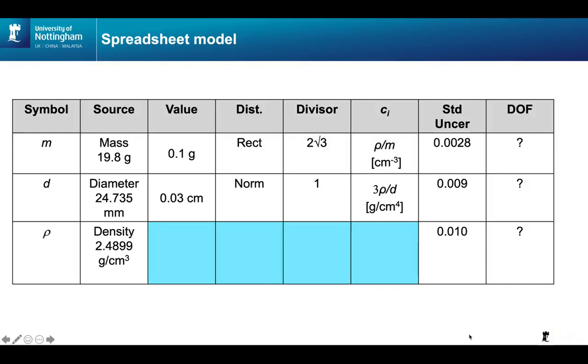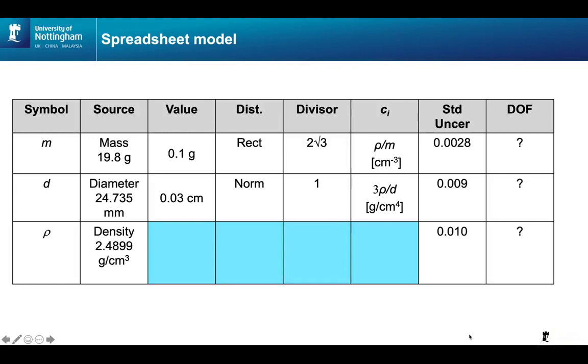So our divisor was 2√3 to normalize it to 1 standard deviation. And then our sensitivity coefficient, so the partial derivative, was rho over m in this case. And then we divide by the divisor, multiply by the rho over m, and that gives us the standard uncertainty, which was 0.028. Don't worry about degrees of freedom for now.